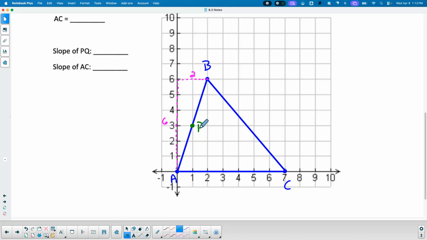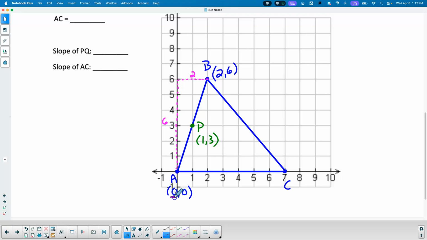Now let me put some coordinates on here. Oops, nope, not 6, 2, 2, 6. What are the coordinates of point P? 1, 3. Now watch this skullduggery.